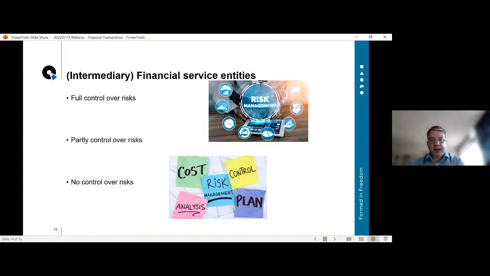Are they able to exercise control over risk? Does the entity have financial capacity?